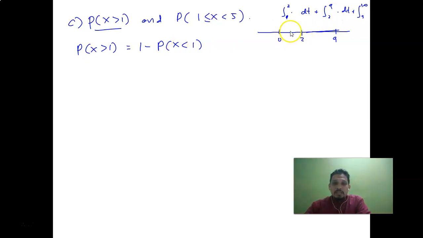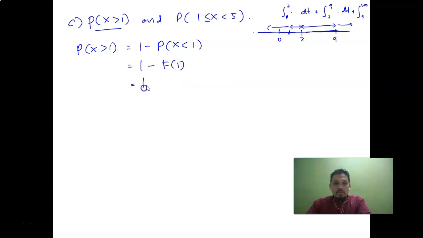Because 1 lies between 0 and 2, why don't we just make it simple: accumulate the value from negative infinity until here, 1 minus F(1), because this accumulates from negative infinity until 0, 0 until 1.